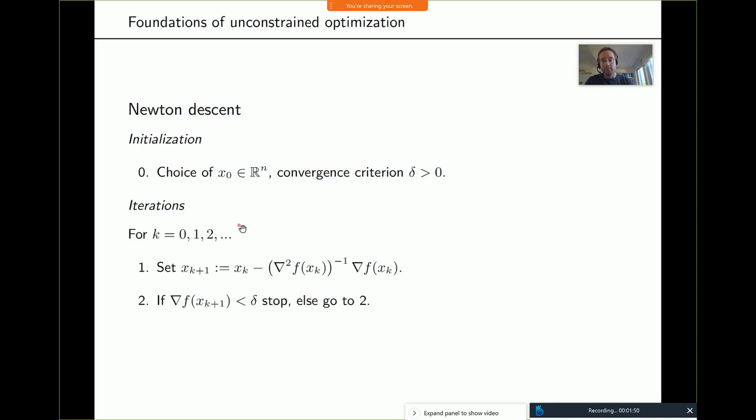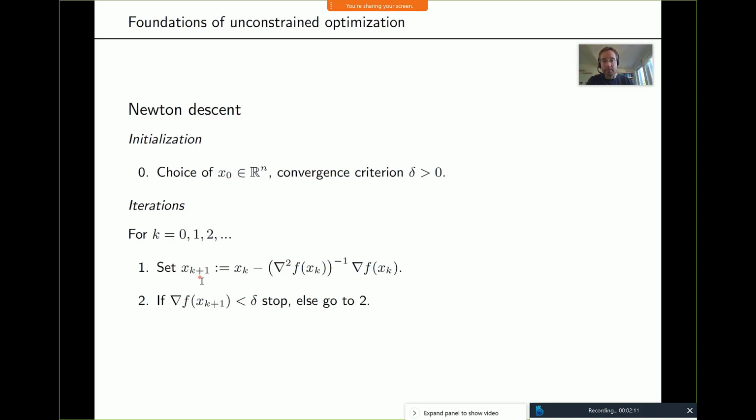And then it proceeds as follows. It also is based on iterations, but, and that's the crucial thing, the update rule for computing the iterand at k plus 1 based on xk is different than in gradient descent, as you can already see.